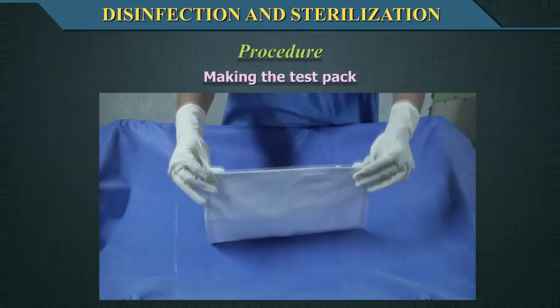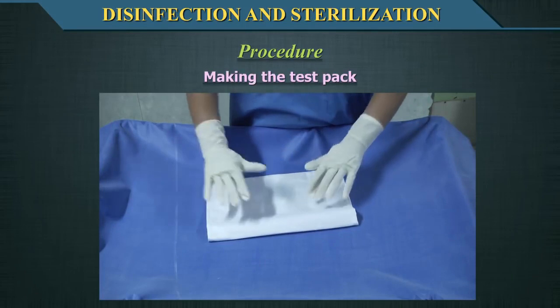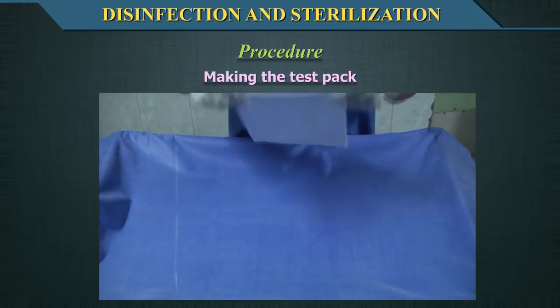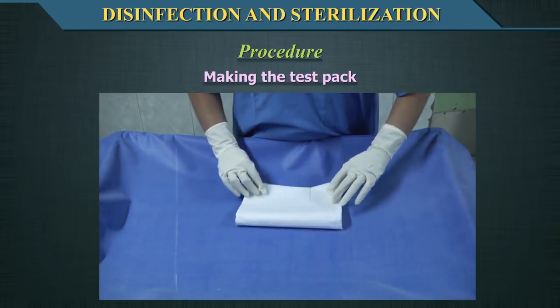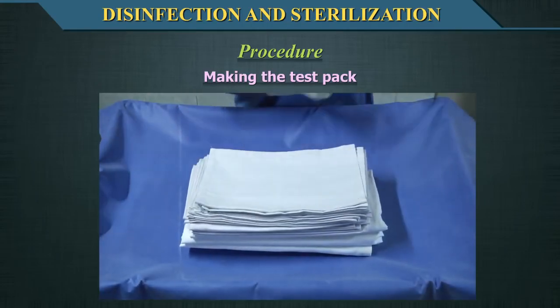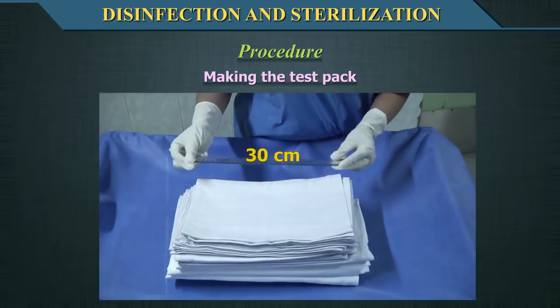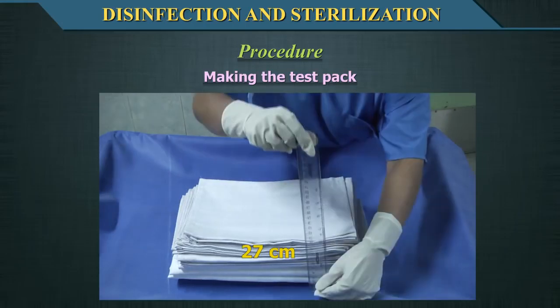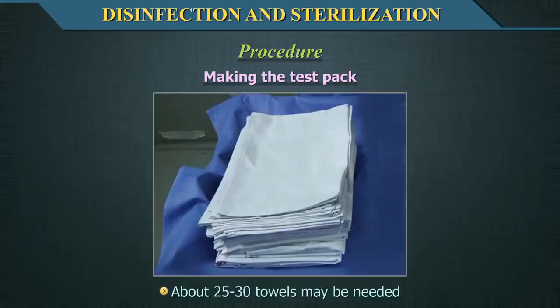Procedure: making the test pack. Each towel should be folded in half 3 times to provide 8 thicknesses and placed one on top of the other to form a stack of 30 centimeters by 22 centimeters by 27 centimeters. About 25 to 30 towels may be needed.